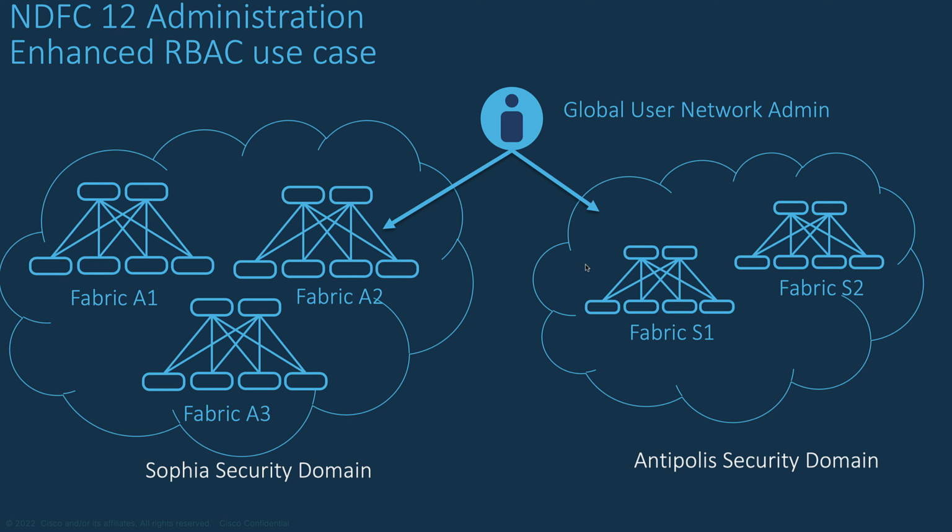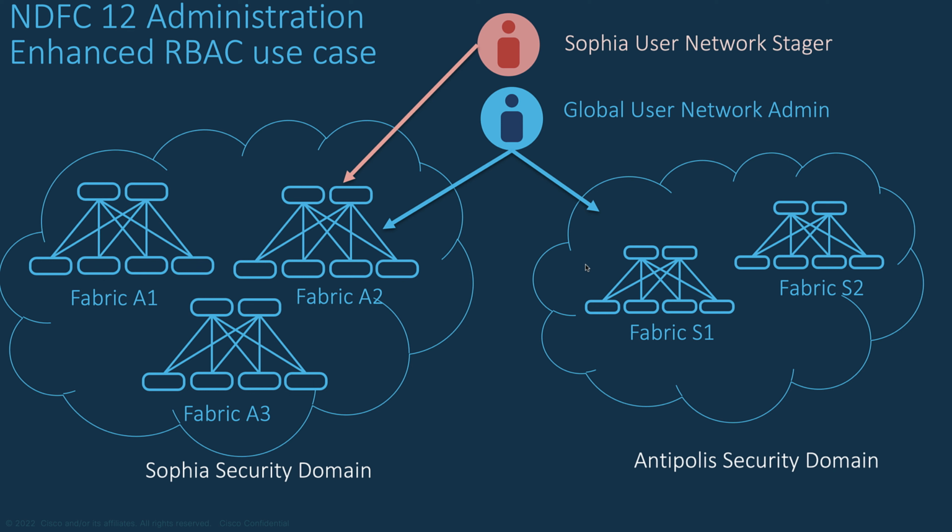In this first scenario, the user Global is network admin for all the fabrics that belong to both security domains, Sophia and Antipolis. In the second scenario, the user Sophia is network stager for all fabrics that belong to the security domain Sophia. This means that he can change configuration, but he cannot deploy those changes toward the switches.